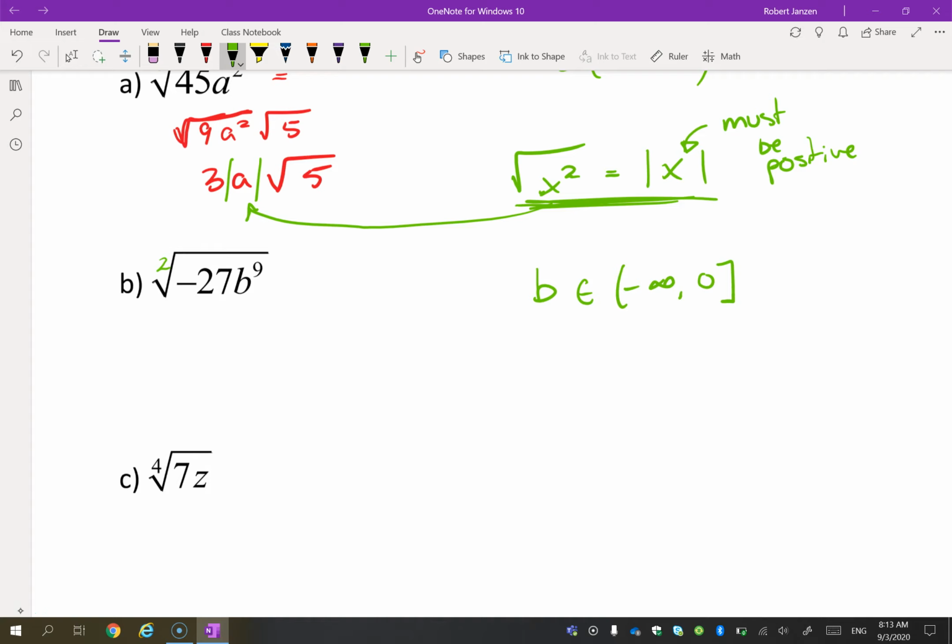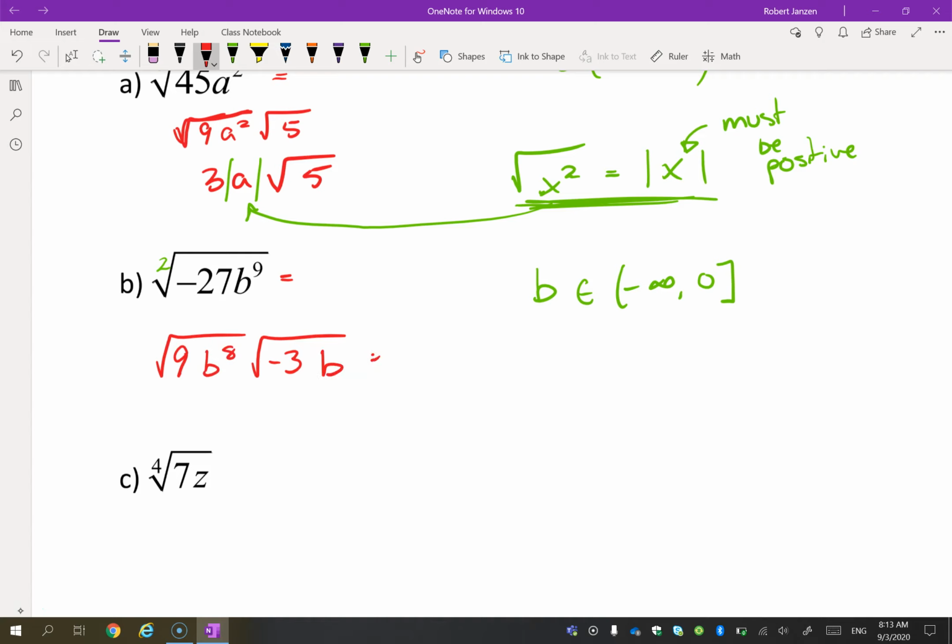All right, let's simplify. Is there a factor of negative 27 that's a perfect square? 9. I can't take the negative out this time because it's an even index. Is there a factor of b to the 9th that's a perfect square? Yes, b to the 8th.